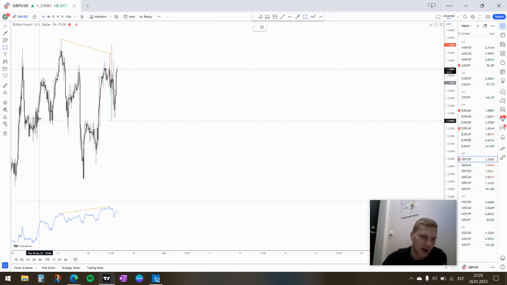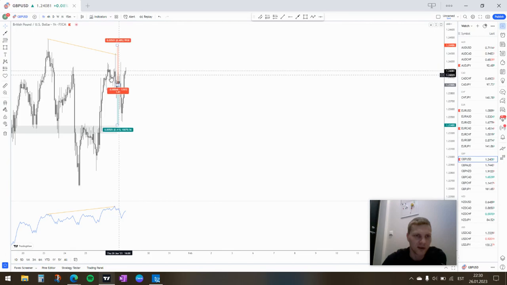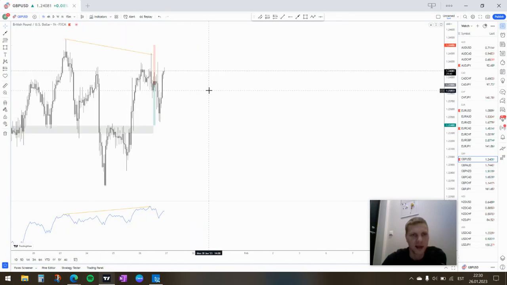It came crashing down, retested the neckline of the head and shoulders, started to go down, was accumulating orders, started to go down, and then made a huge stop hunt just above the right shoulder here, and then made another stop hunt with this fat wick here, and then started to go down.